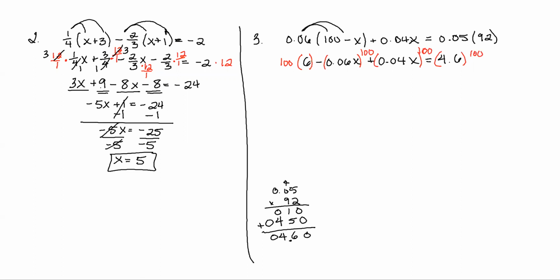And so now 100 times 6 is 600, minus, again, if we multiply by 100, we move the decimal over twice. So it's now at the end of the 6 here, so it's just a 6x.